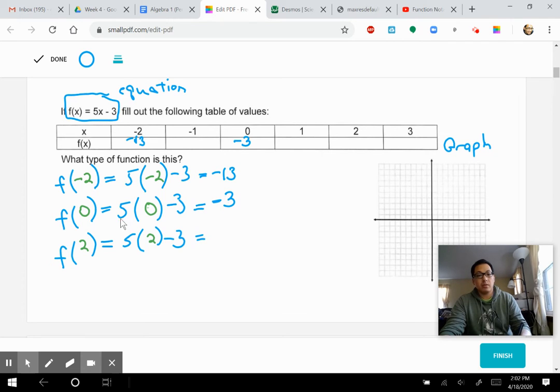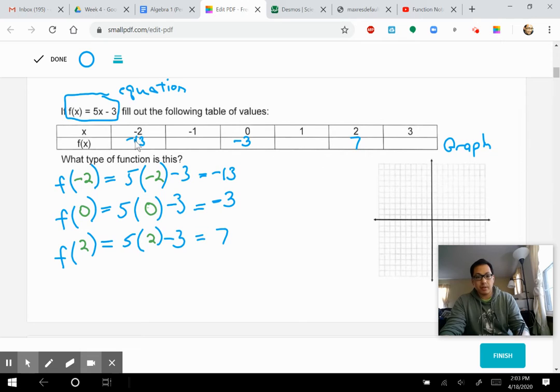And we get 5 times 2 is 10 minus 3. 10 minus 3 is 7. So that was for 2 as our input. Our output is 7.